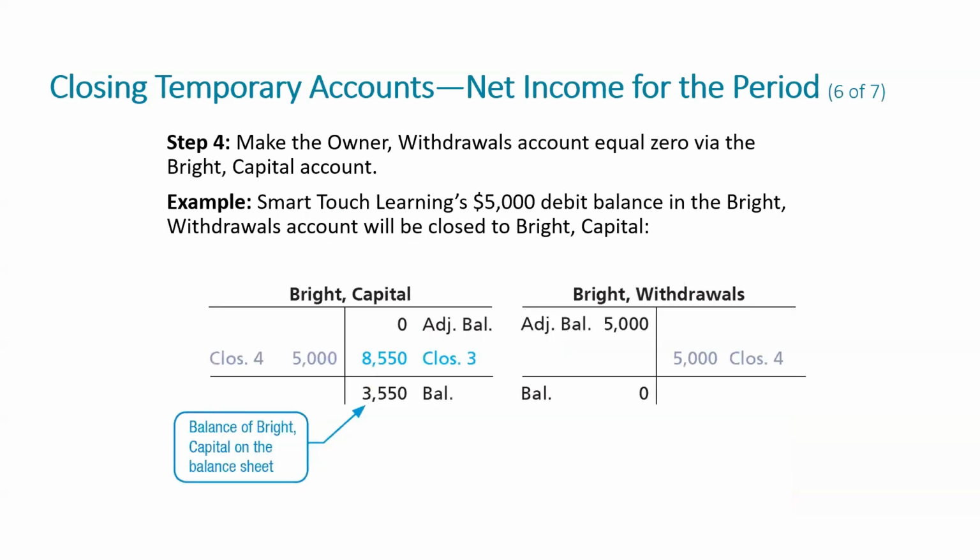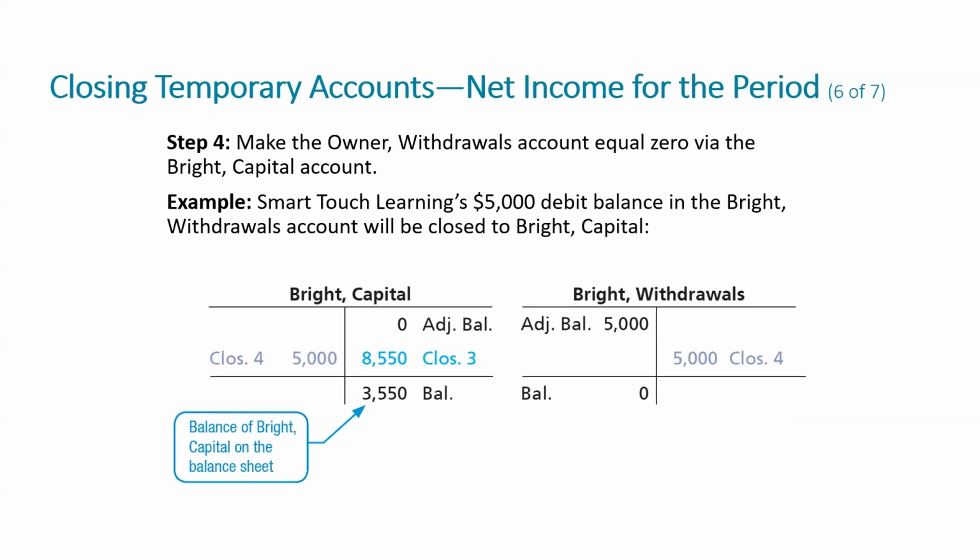Here in step 4, you make the owner withdrawals account equal 0 via the Bright Capital account. Here in this example, Smart Touch Learning's $5,000 debit balance in the Bright Withdrawals account will be closed to Bright Capital. So you see here Bright Capital has a balance of $3,550.